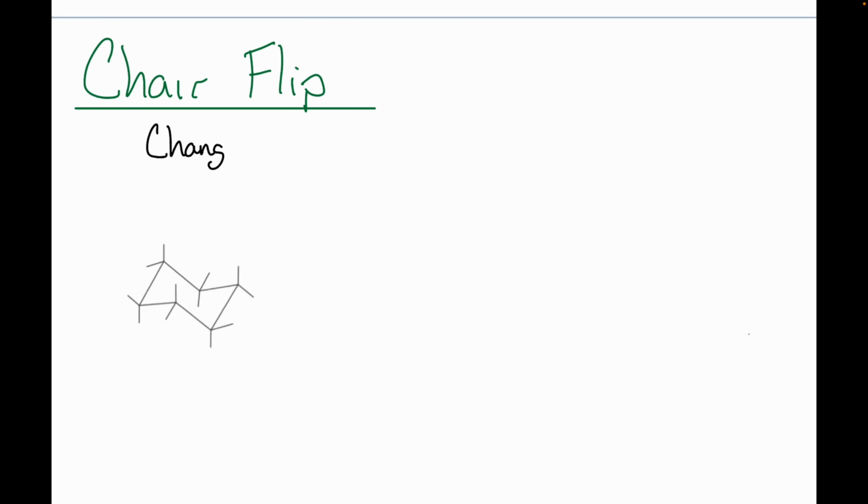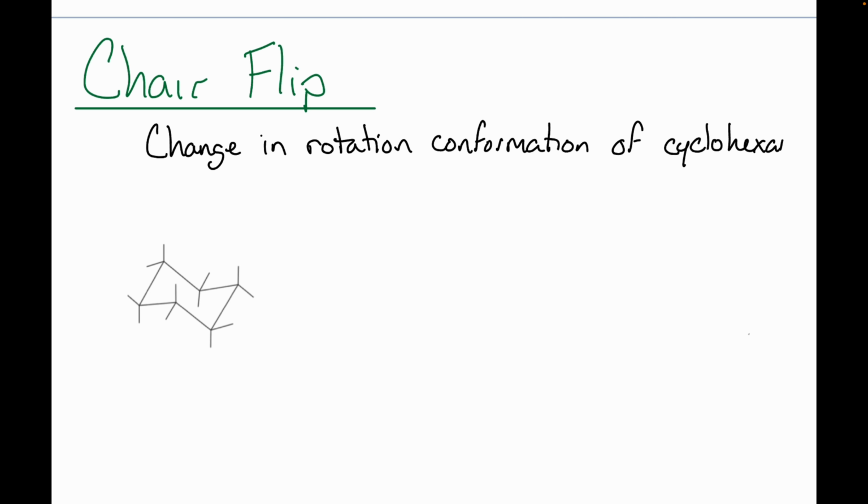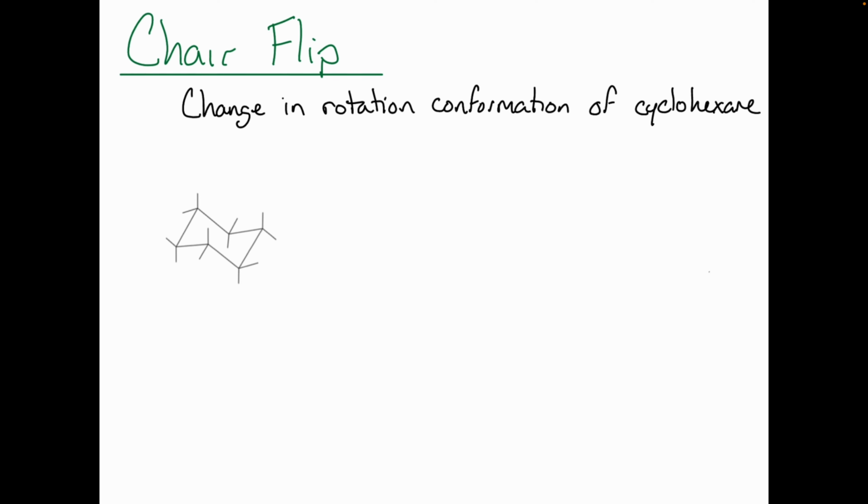This is the change in the rotational conformation of cyclohexane. We talked about those different rotational states of butane as it's rotating about our single bonds. Cyclohexane also has a change in its rotational conformation.